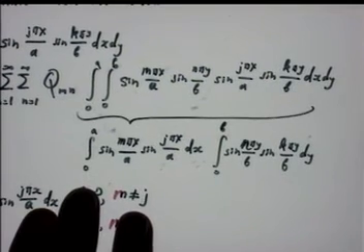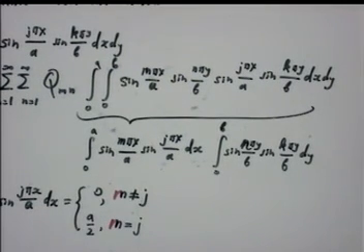Now this double integral can be represented as a product of two single integrals. That is, integral from 0 to a, sine m pi x over a, sine j pi x over a dx, and then integral of sine n pi y over b, sine k pi y over b dy.